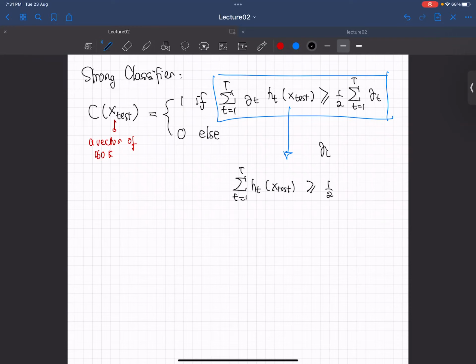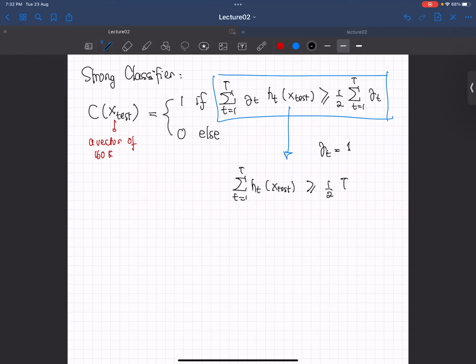Well, gamma t here equals 1, for example, then it is half multiplied by T, capital T. So what does it mean by this?